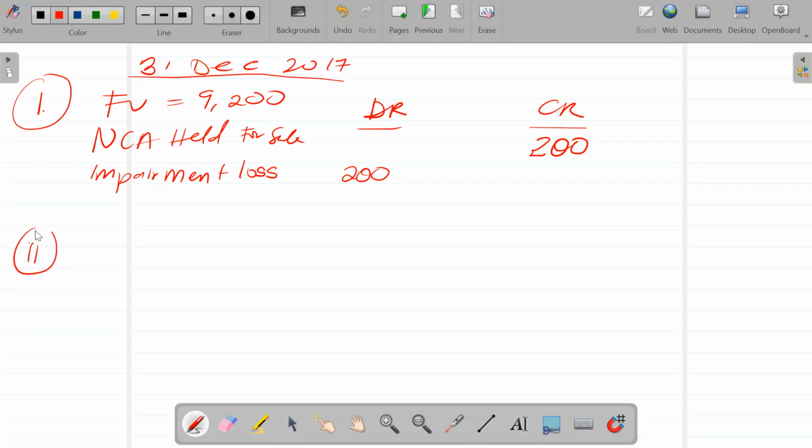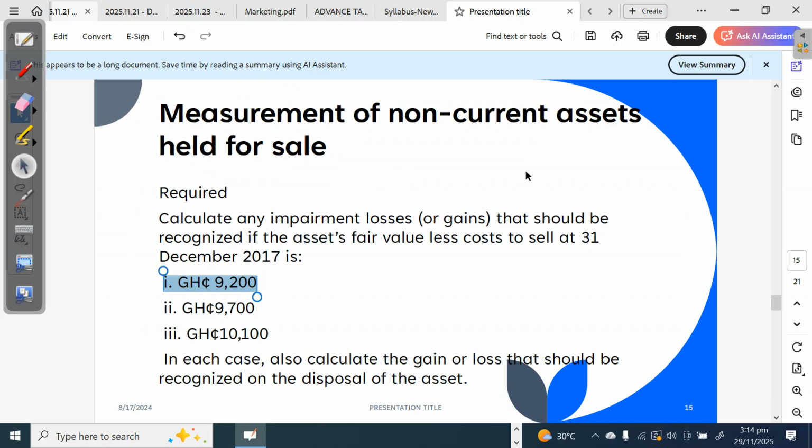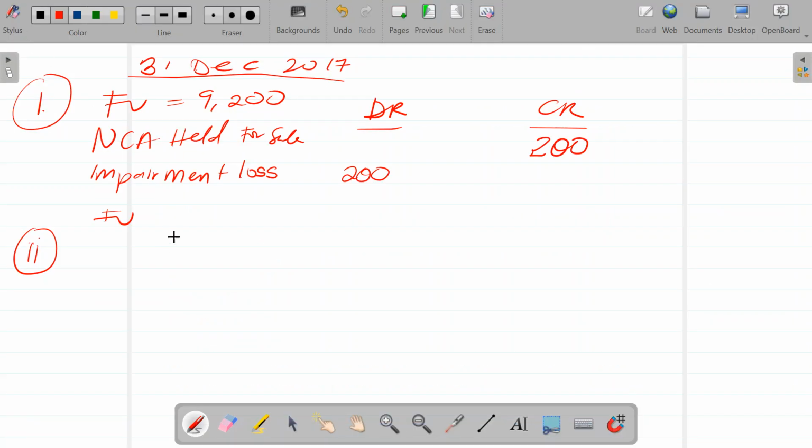Now if the fair value is the next case, 9,700, that one is going to be a gain. We will debit the non-current assets to increase it.